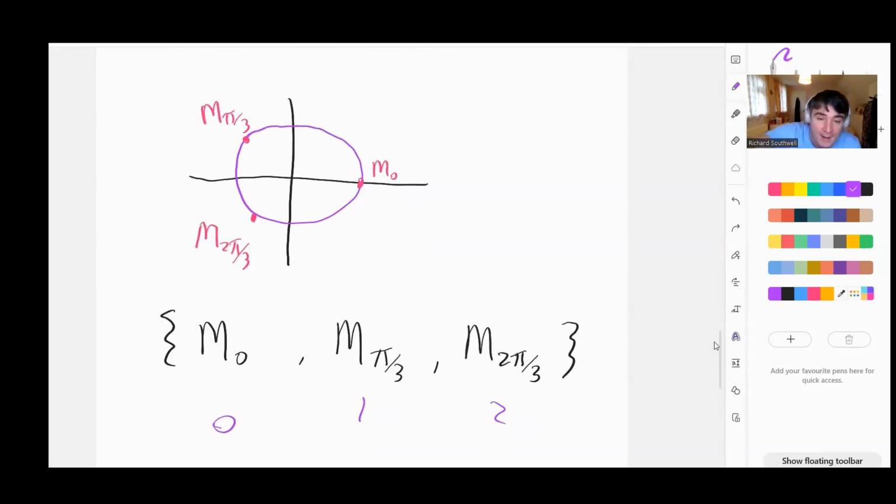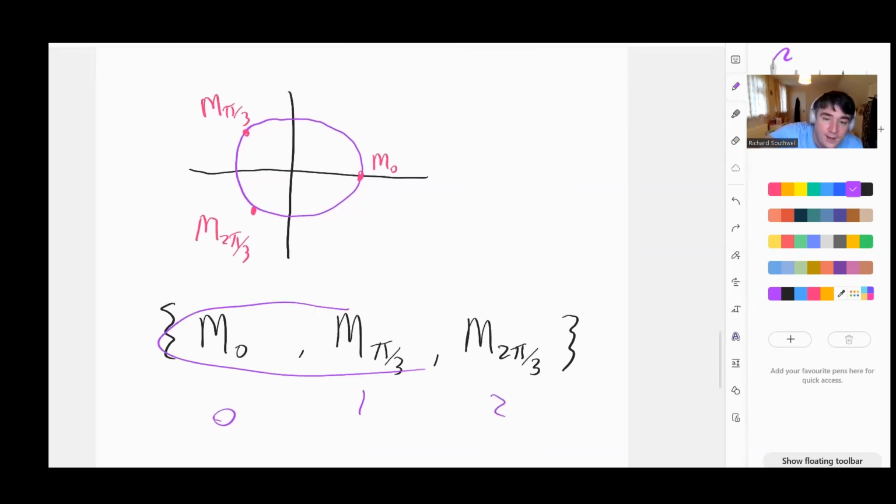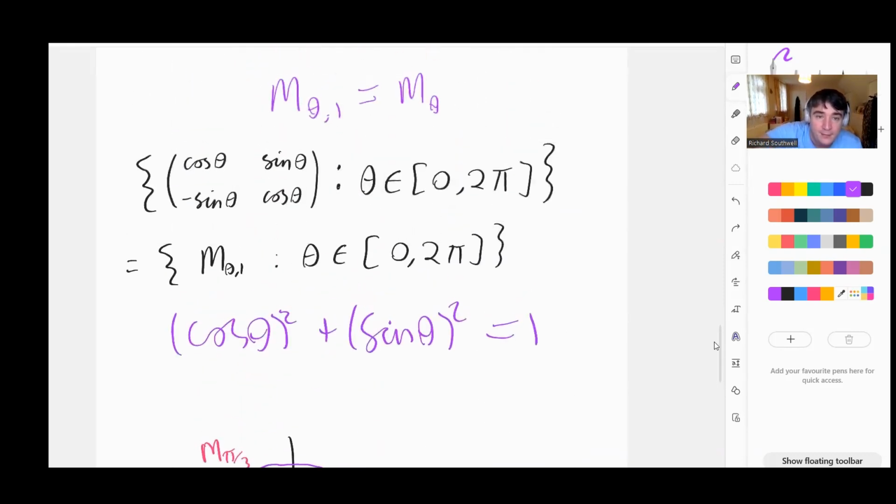It turns out that these 3 elements are going to form a subgroup of this group here, right? Because in this group we have all of the different angles of our circle, and our group operation, or matrix multiplication, corresponds to adding those angles. So that's like a continuous view of the whole circle.